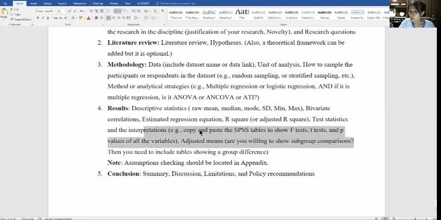Interpretation: you have to provide all the evidence, tables and figures. You want to show some kind of group comparison using a bar chart or pie chart. You want to show the histogram and the residual plots at the end of the paper in the appendix, assumption checking, okay?